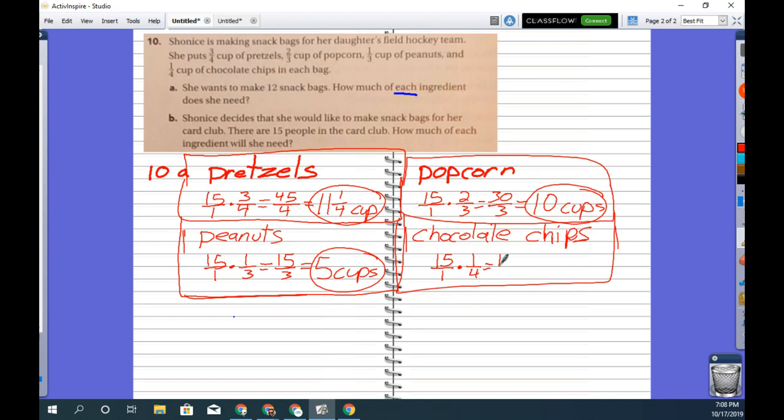That is going to give me 15 over 4. Okay, I need to simplify this. So that's 3 and 3/4. I know 4 doesn't go into 15, so the next multiple under 15 is going to be 12. 4 goes into 12 3 times, with 3 remaining between 12 and 15. That's where I got my 3/4.